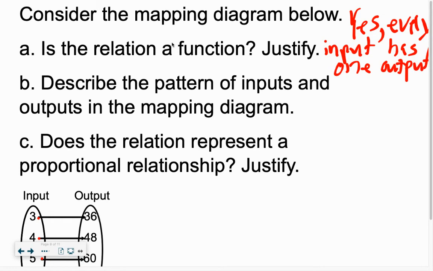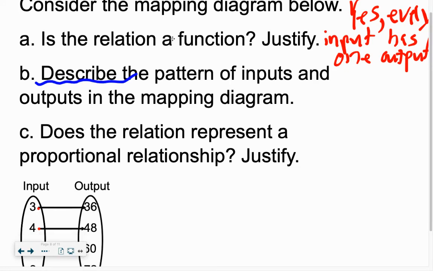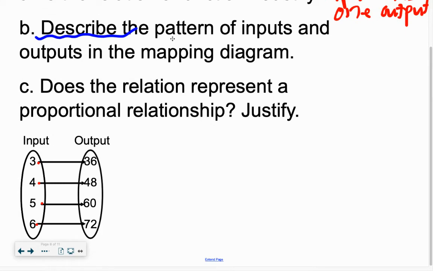Describe the pattern. Now, when it says to describe, just like in real life how you and I could describe the same event differently, there's not really one choice. When I look at this, oftentimes what we talk about is, what do you notice about the input? How does the input change each time? How does our x value change? It changes by 1.